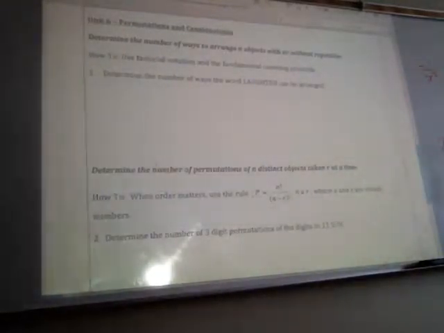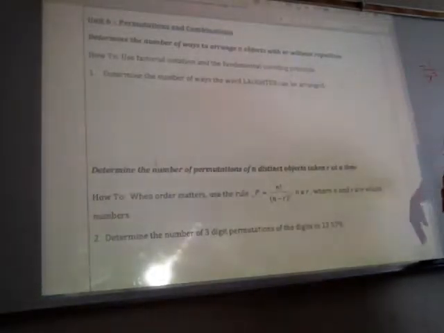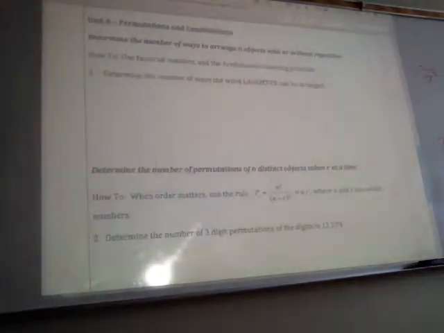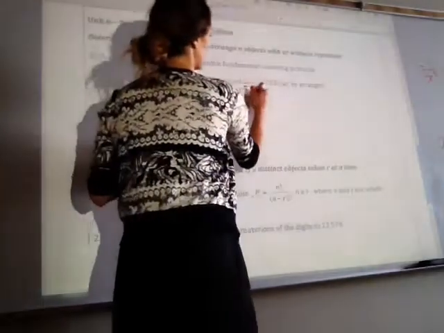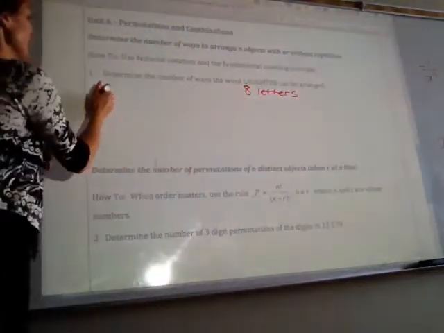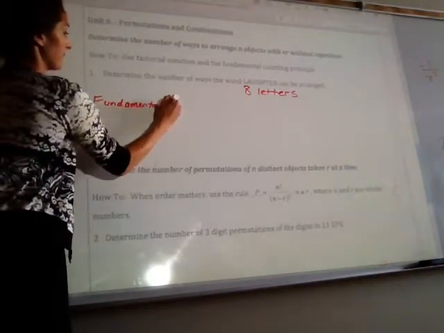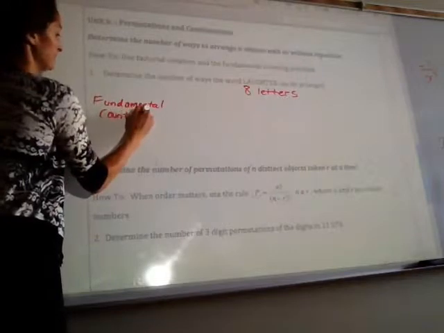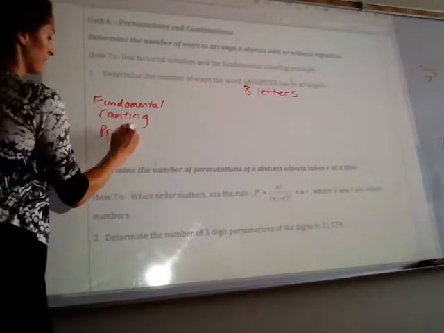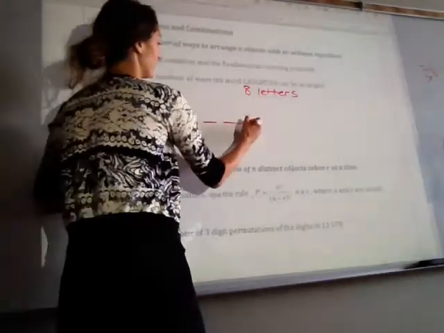The first one, determine the number of ways the word laughter can be arranged. Okay, so first of all, we have to ask ourselves, how many letters do we have? 8 letters. Okay, doesn't hurt to just write that down. If I'm using the fundamental counting principle, I would line up 8 spaces.